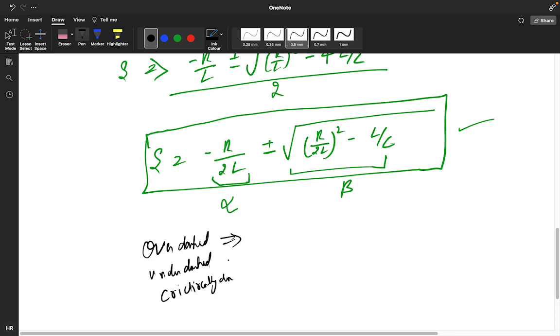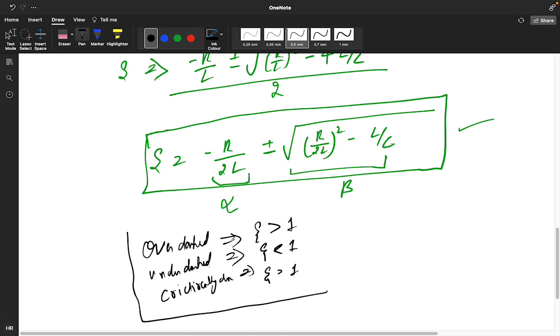Yes, sir. What is the condition for overdamped? When zeta is greater than 1. When zeta is less than 1, underdamped. And when zeta is equal to 1, it is critically damped. This condition you know.